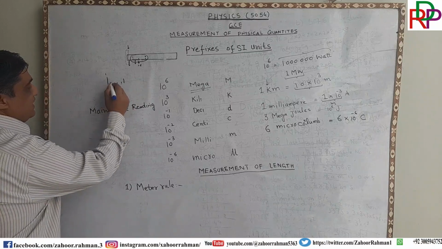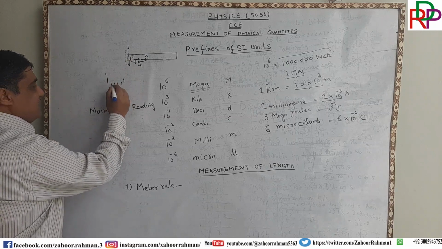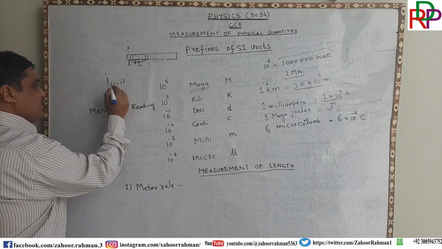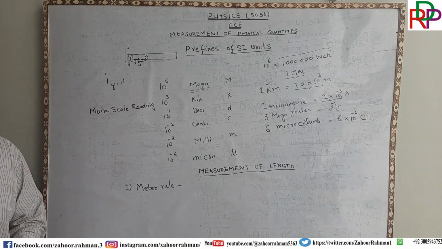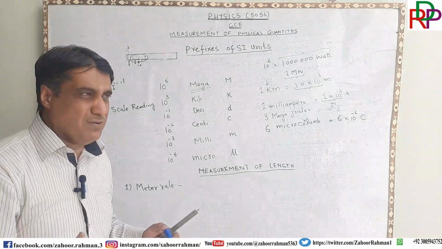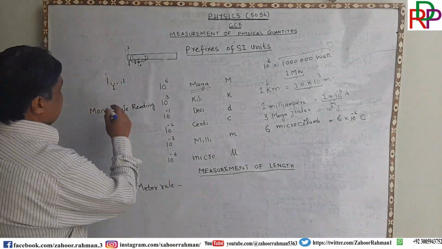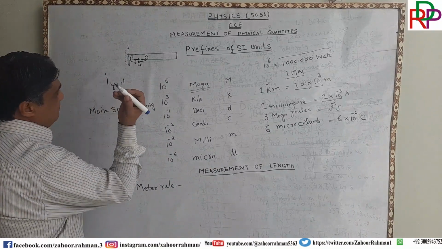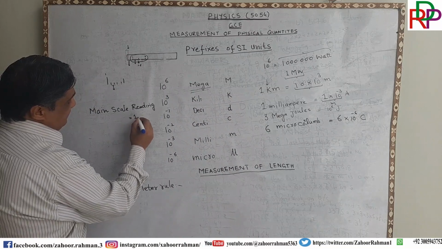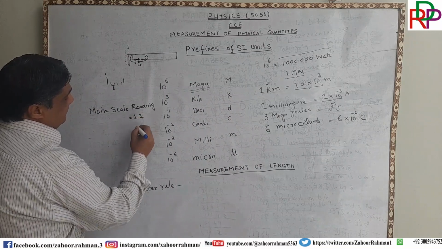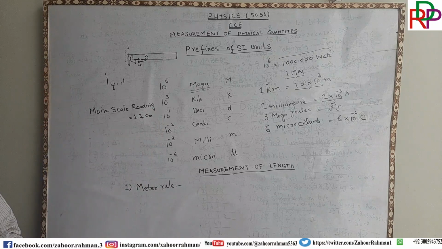So ladies and gentlemen, if this 0 is here in the middle of 1.1 and 1.2, then how will you find this? We will take the main scale reading as 1.1 centimeter.